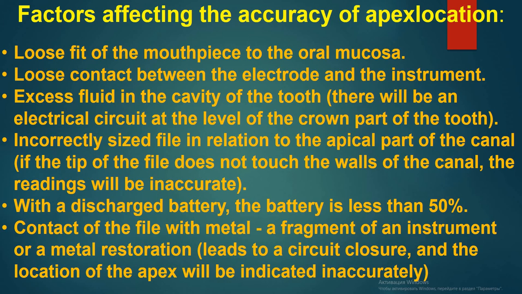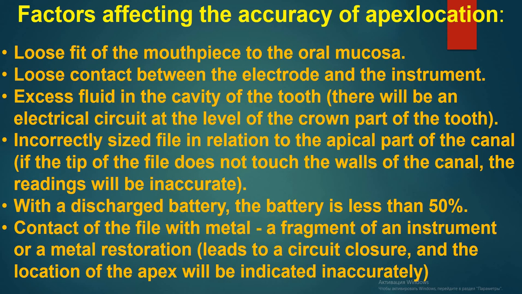Factors affecting the accuracy of apex location: loose fit of the mouthpiece to the oral mucosa, loose contact between the electrode and the instrument, excess fluid in the cavity of the tooth.